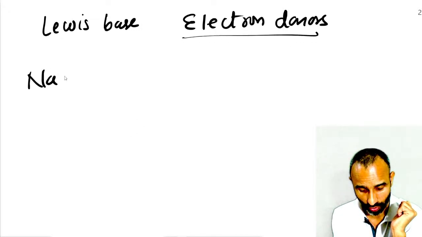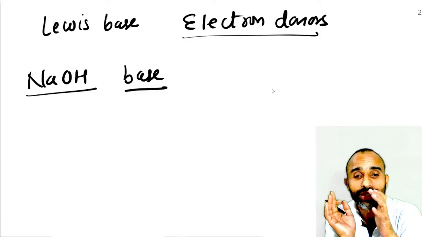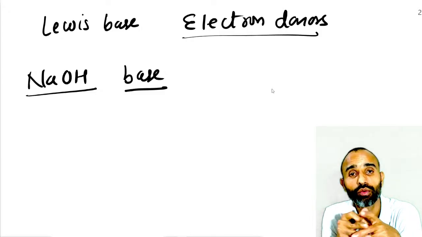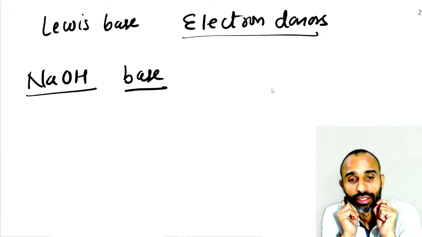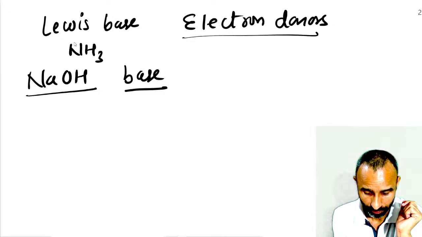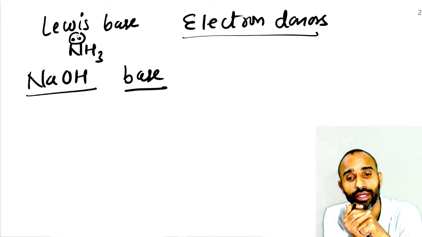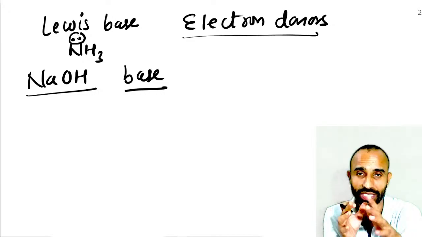Otherwise, NaOH is also a base, but it is not a Lewis base because it will give OH negative ion. But if we have ammonia, it can donate its lone pair, and that's why it is a Lewis base.